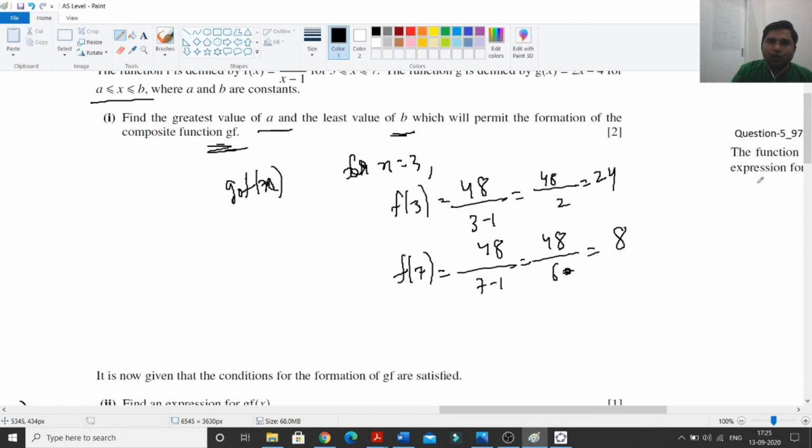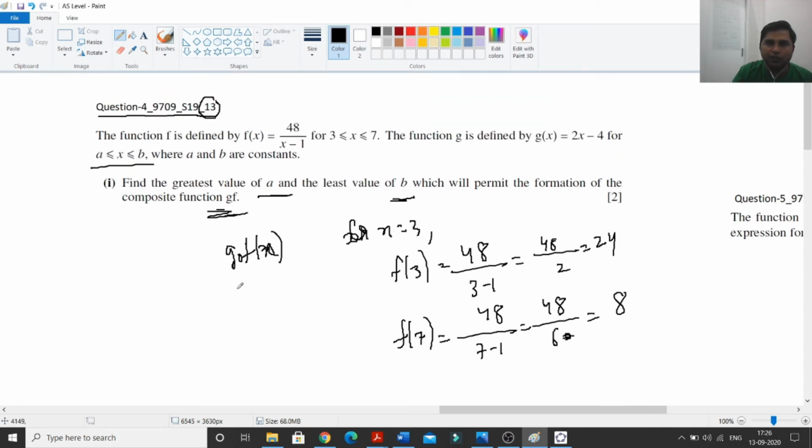So for g of f(x), the x should lie between 8 and 24. It means a is 8 and b is 24.